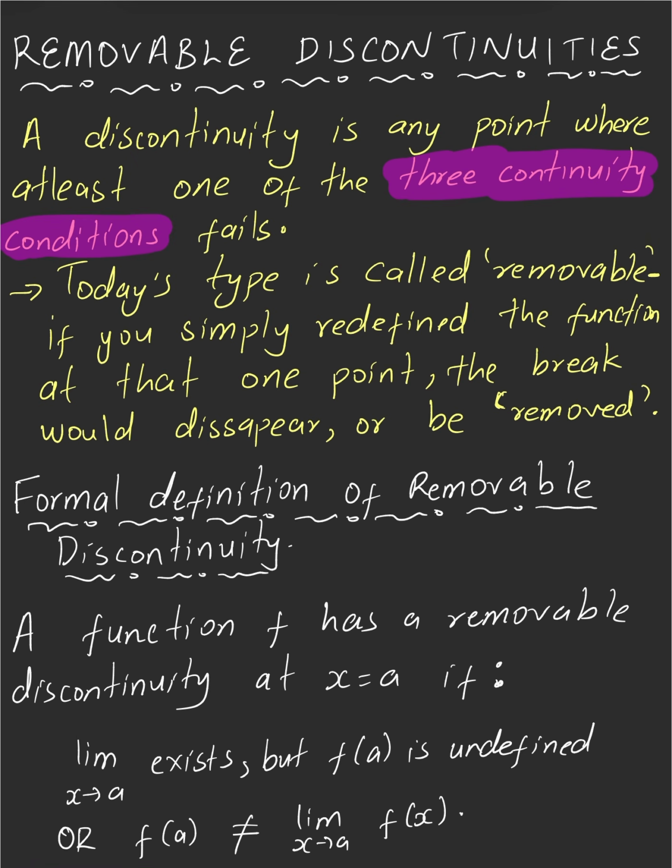So, a function f has a removable discontinuity at x equals a if the limit as x approaches a exists, but f of a is undefined. It's not defined at point a. Or another way to say it is f of a is not equal to the limit as x approaches a of f of x.